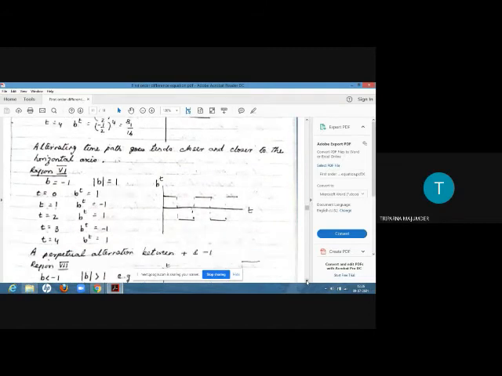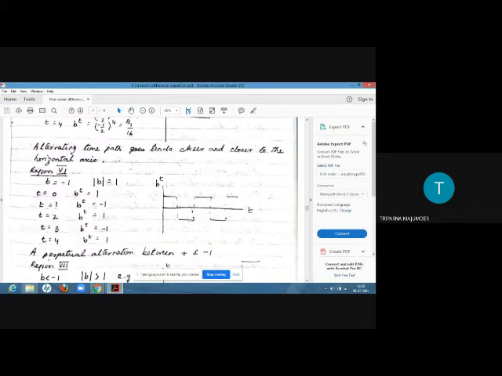Now we come to the sixth region. What is it? b is equal to -1. So absolute value of b is equal to 1. When t is equal to 0, b to the power t is equal to 1. When t is equal to 1, b to the power t is equal to -1.